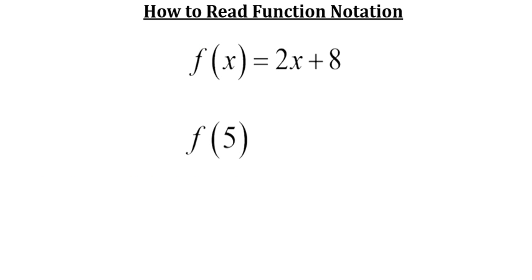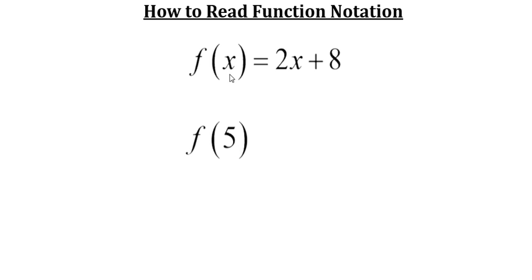So let's see, how can we read function notation? Here we have the function, the rule. The rule is 2 times x plus 8, and the function's name is f. So f of x equals 2x plus 8. How do we read this? F of 5. Well, the function rule f, evaluating it when x equals 5.